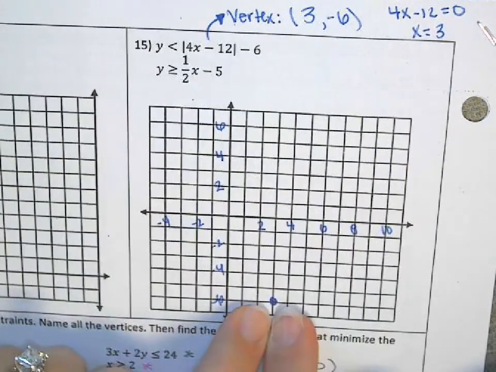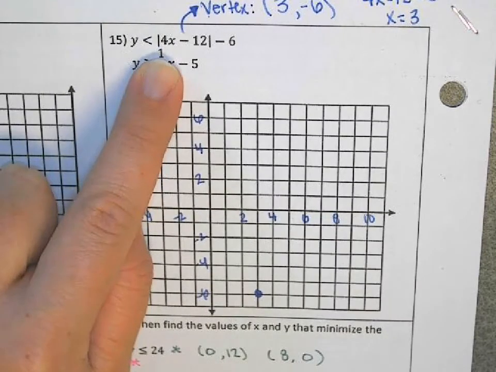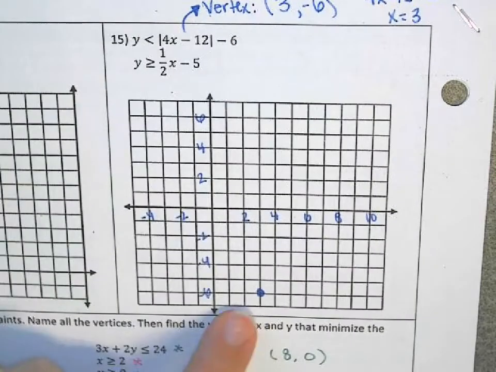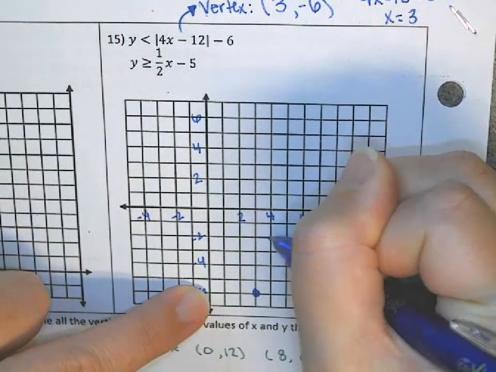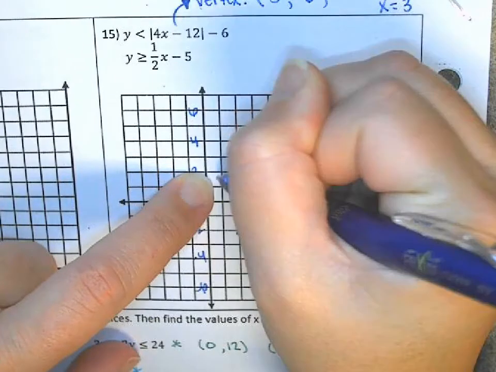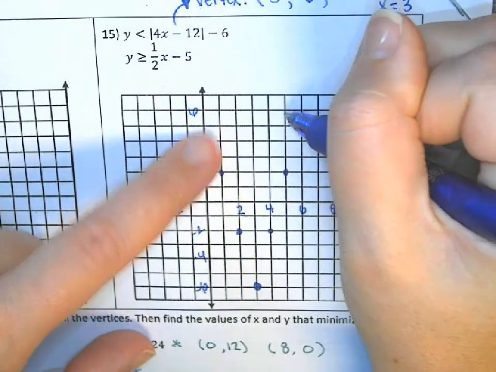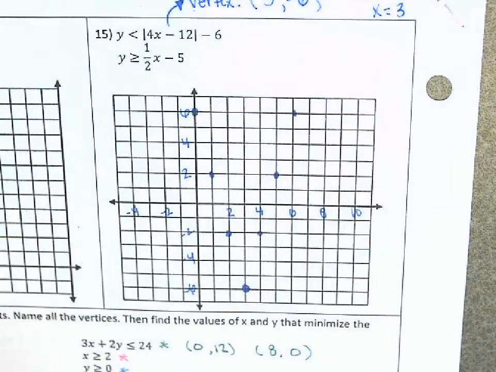how can I find more points if that's my vertex right there? Yes, use that 4. That 4 tells us how it moves from the vertex. Up 4, out 1. And I'm going to make sure that I put as many points on there that can fit.